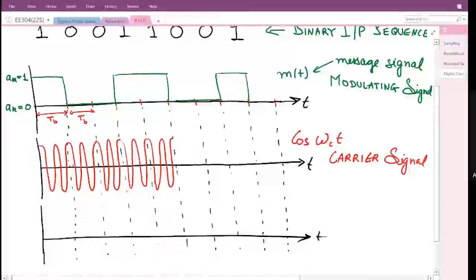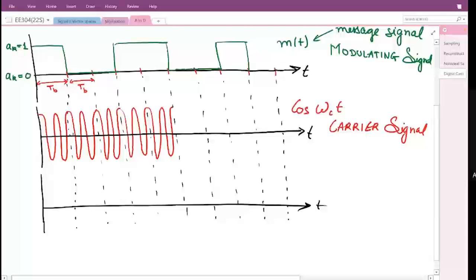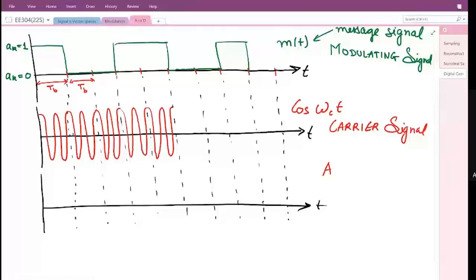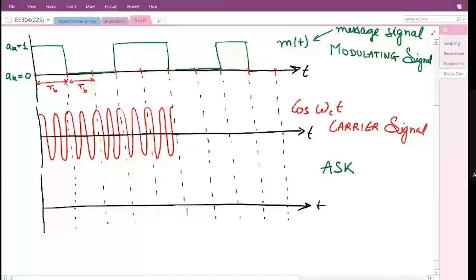So then what should be the modulated signal here? For this case, when the message signal is m(t), and we are talking about amplitude modulation or amplitude shift keying, what should be the modulated output? We want to obtain this ASK signal, which means the carrier is modulated by the amplitude of the message signal.